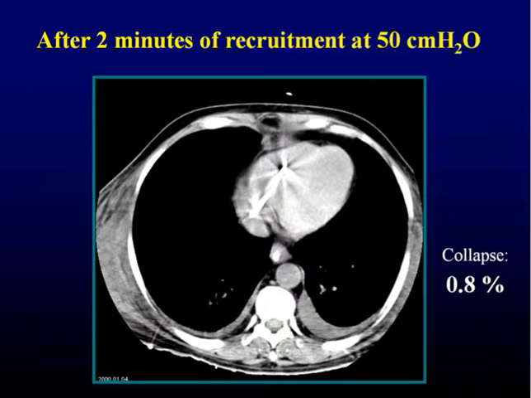So the pressure applied is dependent on a number of factors, but the main factor would probably be the degree of lung lesion you have to treat. So clinically, after a few years of experience, we have introduced in a protocol a pressure range between 40 and 60.